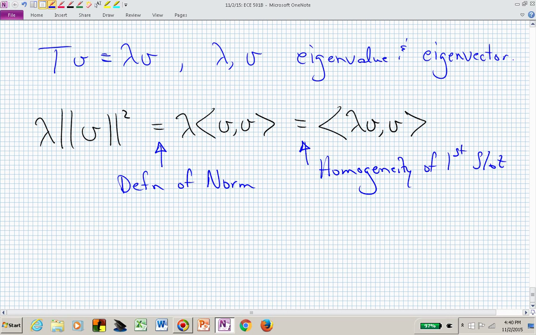But I know that lambda and v are the eigenvalue and eigenvector of this linear map, which means if I start with that rightmost inner product, I can say that's equal to, using the eigenvalue-eigenvector equation, lambda v is the same as Tv. I'm just going to abbreviate eigenvalue and eigenvector as eigen. That's the eigen equation.